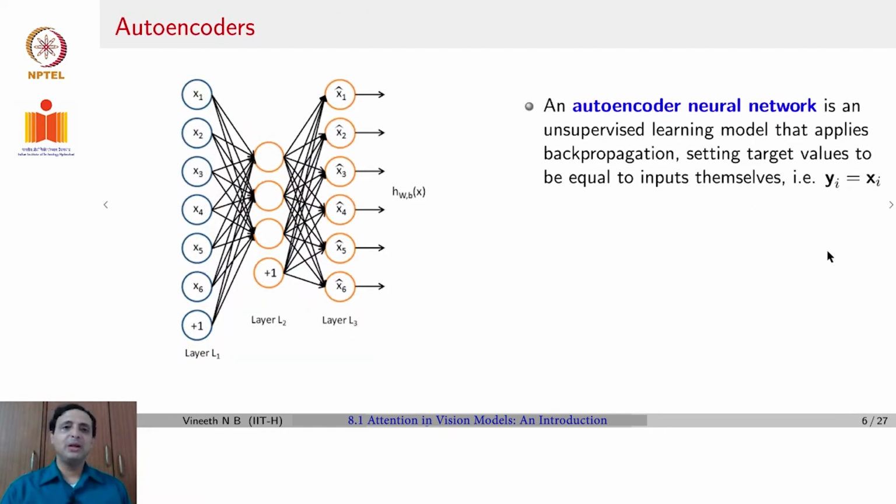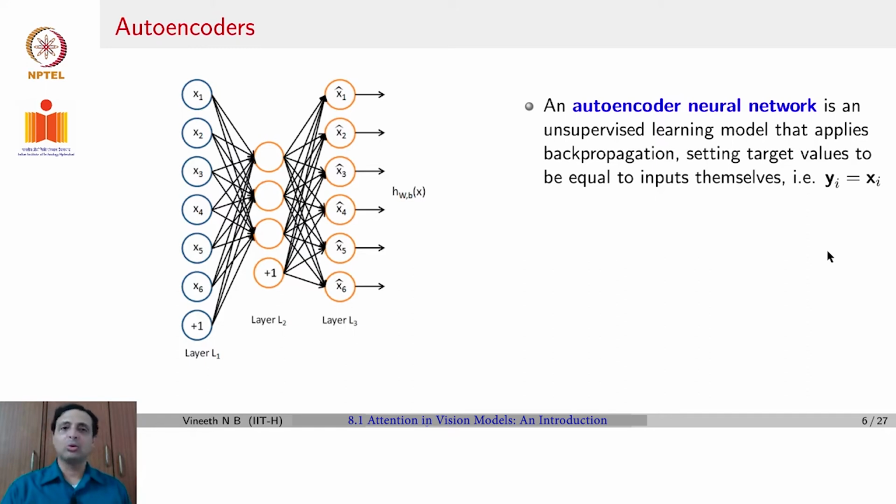Now let's take a brief detour to understand encoder-decoder models a bit more. The standard name for such encoder-decoder models is known as the autoencoder, although in this case it says that the decoder is trying to encode the input itself, and that's the reason why this is called an autoencoder.